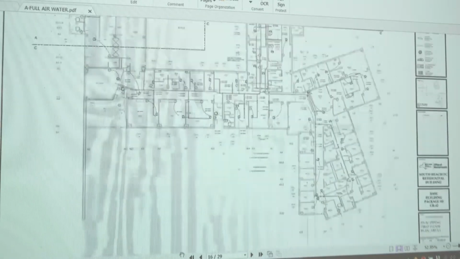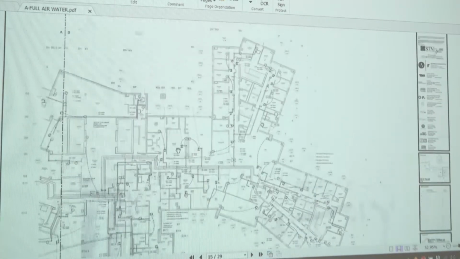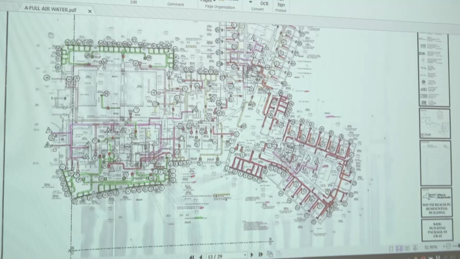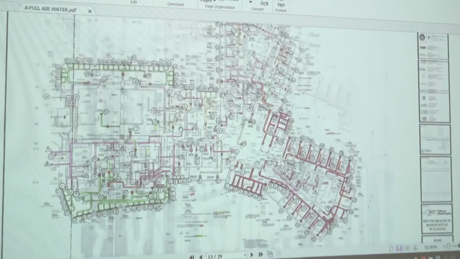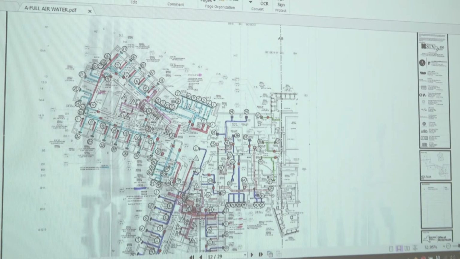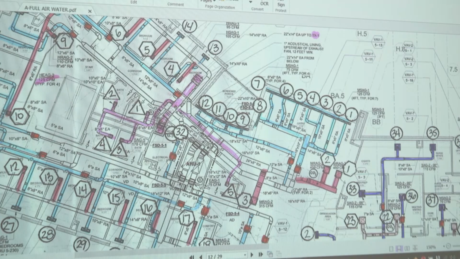Okay, and when it exits each shaft, you'll have a fire smoke damper to provide you your fire ratings that are required. So as you see here, this is shaft number 1.